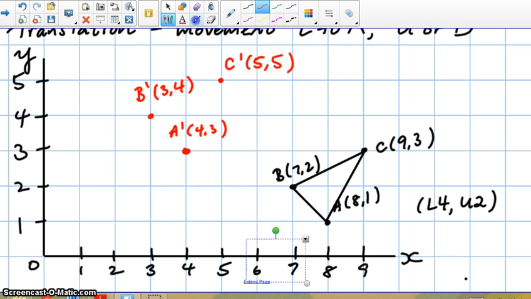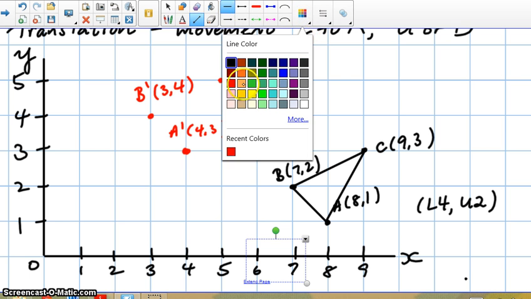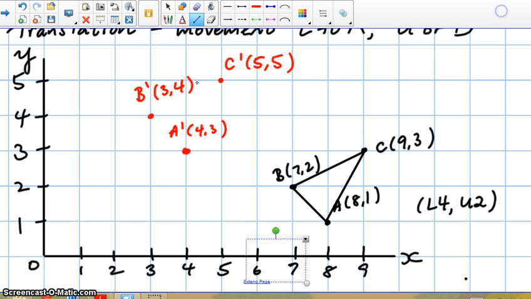So make sure that when you are connecting it, again, you use a straight edge and your image should end up here. Now, what we're going to throw in differently this year is a different way to describe the translation.